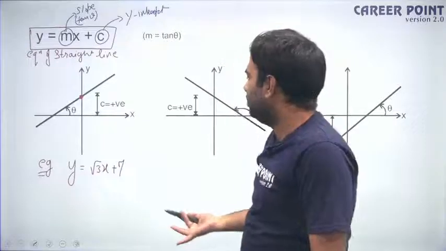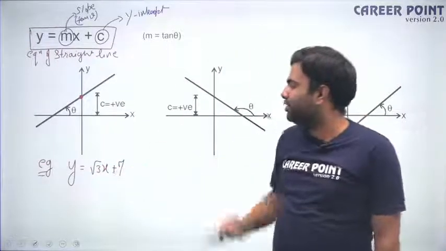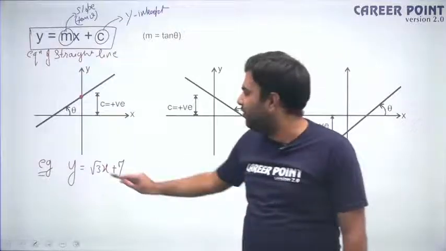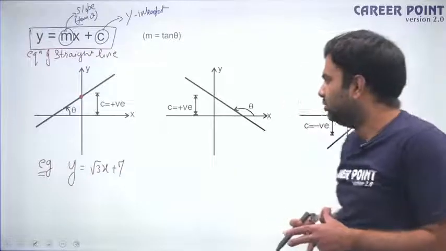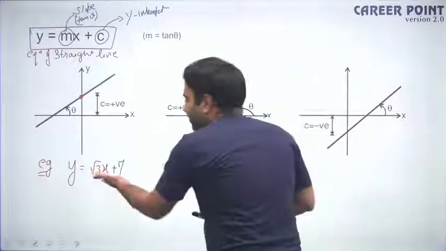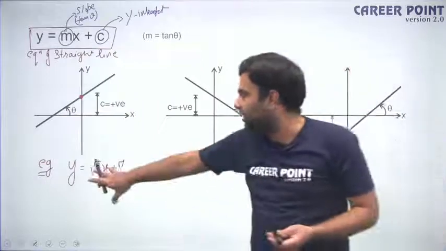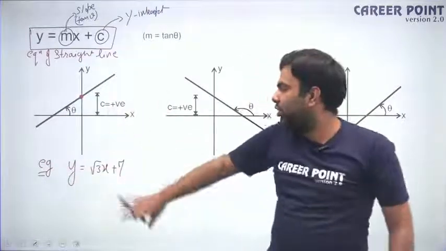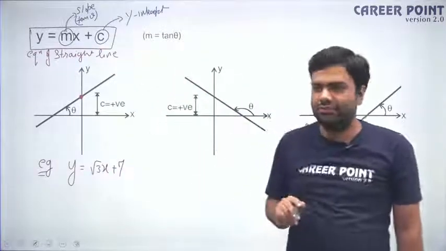Now see, if I ask you, look at this equation and give me the value of m and c, think what will be the values. This is the equation of straight line and we are going to draw this straight line. So what will be the value of slope and what will be the value of this y-intercept? Think.